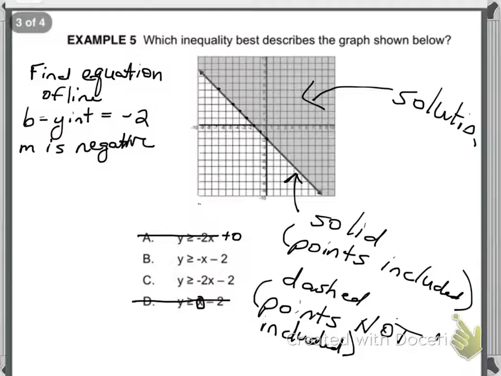So the slope is going to be -1 over 1, which is -1. That means the equation that shows a y-intercept of -2 and a slope of -1 would be answer choice C.